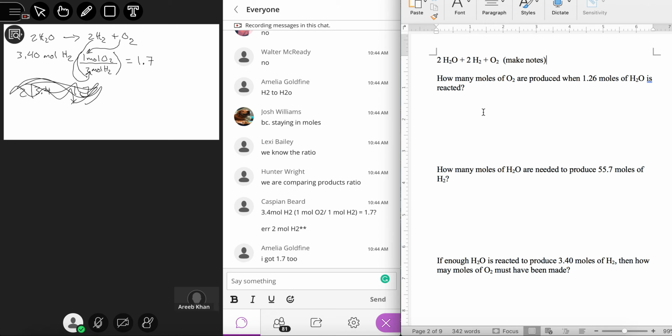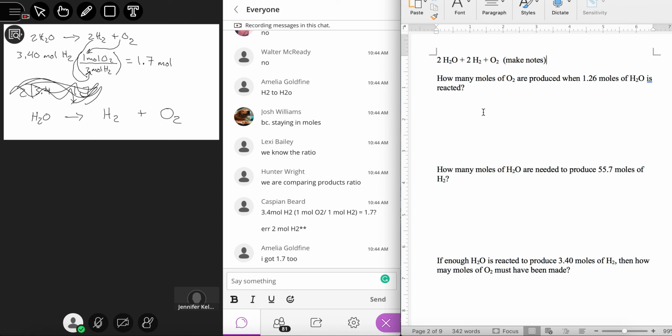How do you know it's 2 moles of H2? Did you balance the equation? Yes. So you might be given a question, something like this, and then asked questions about it. And the very first thing you want to do with every single question is make sure it's balanced.